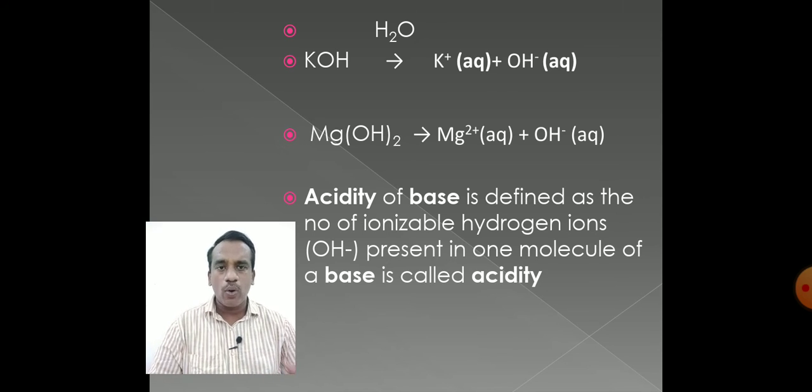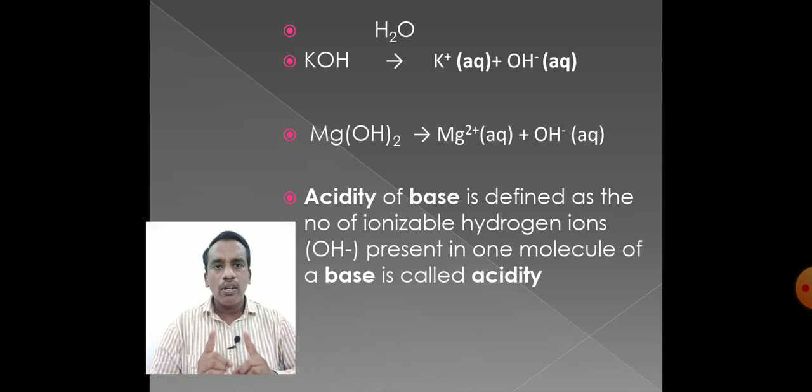So potassium hydroxide is also a base. The next example is magnesium hydroxide. Can you balance the equation here, children? Mg(OH)2 gives rise to Mg2+, as magnesium is a divalent ion, and OH minus. In the bracket on the reactant side we have a 2, but I didn't balance it here. It's your work to balance.